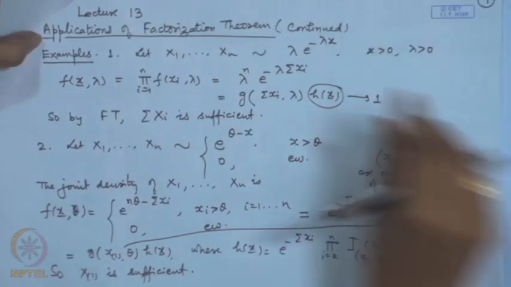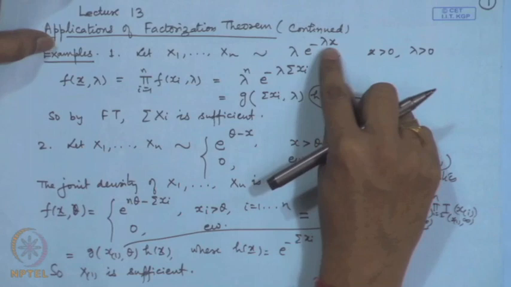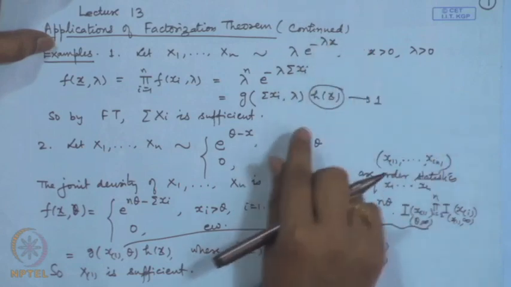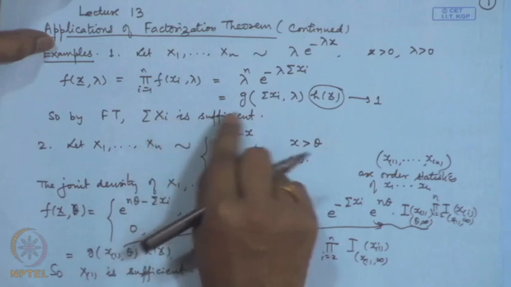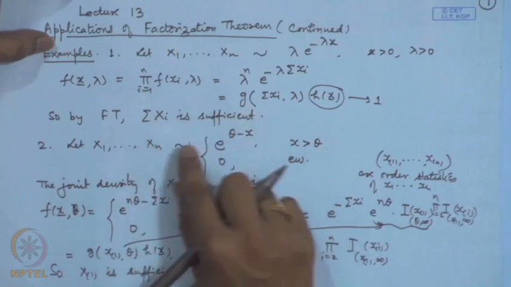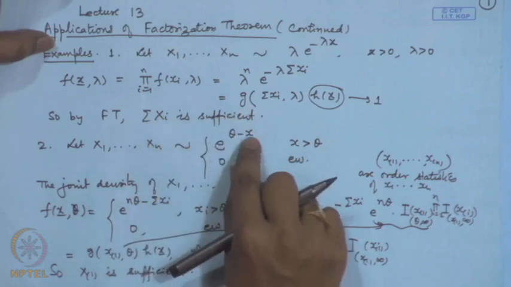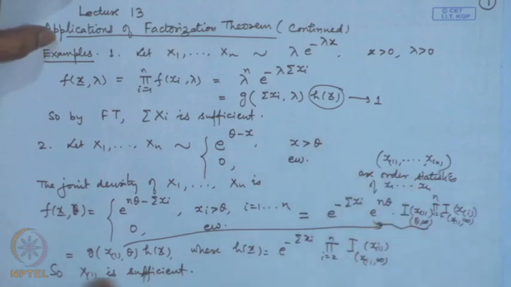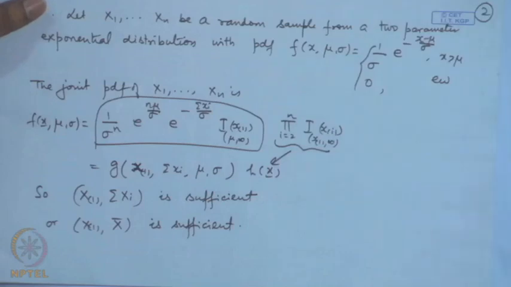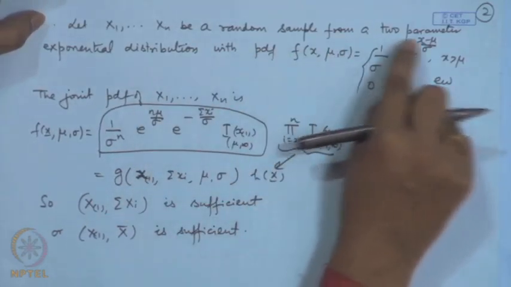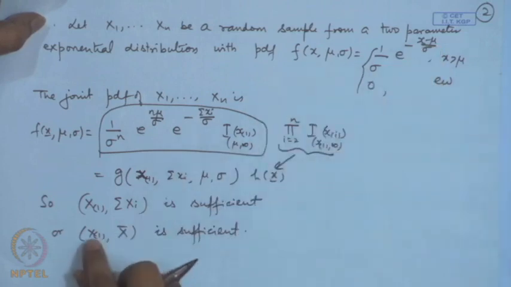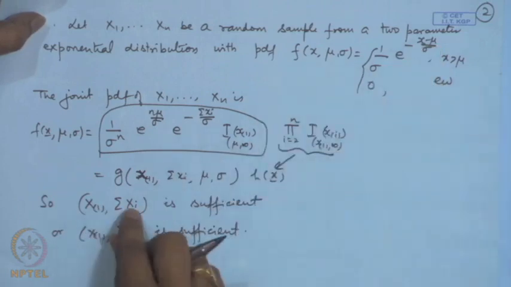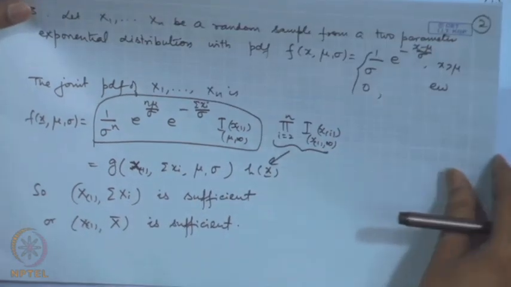Let us consider, say, exponential distribution with parameter lambda. Here if I write down the ratio, we will get sigma x i as the minimal sufficient statistic. If we consider exponential distribution with location parameter, then x 1 will turn out to be minimal sufficient. If we consider say two parameter exponential distribution with parameters mu and sigma, then x 1 and x bar, or x 1 and sigma x i, will be minimal sufficient.